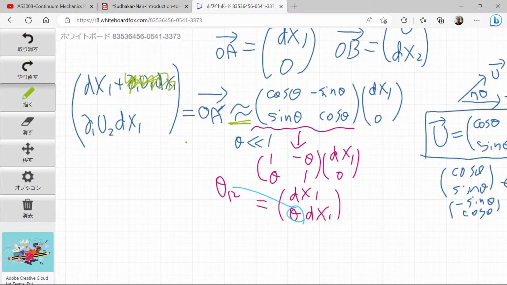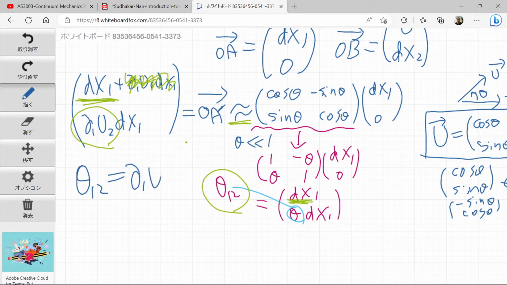Then you can see dx1 is dx1. Then theta 1, 2 is partial 1 u2. So now we obtain the relation like this: theta 1, 2 is partial 1 u1, u2.